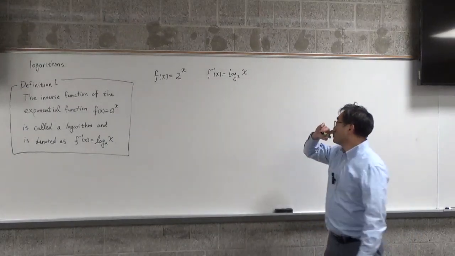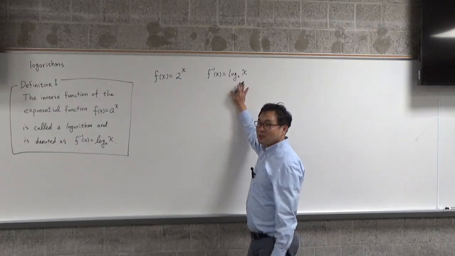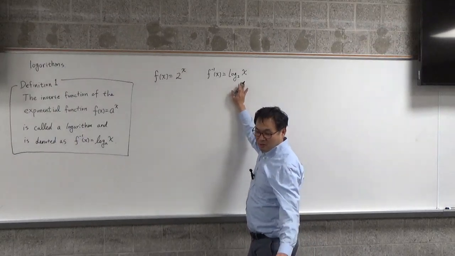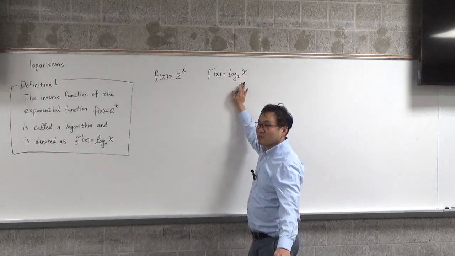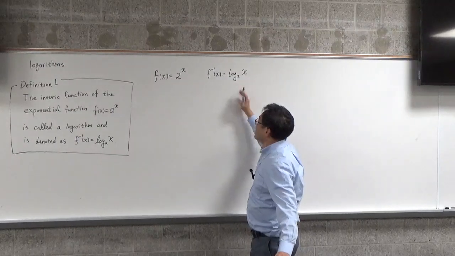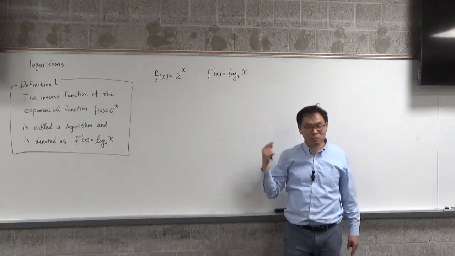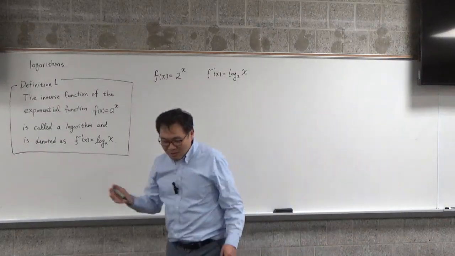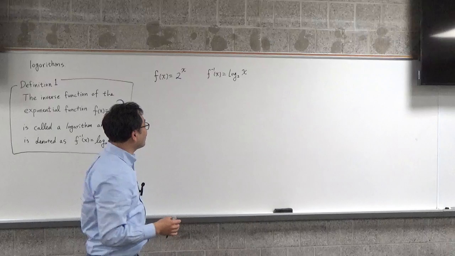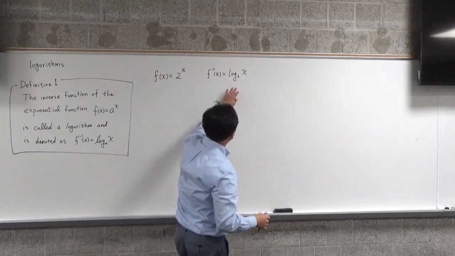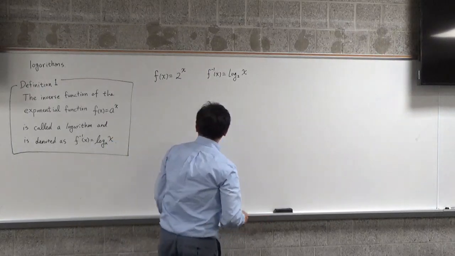So this weird symbolism was invented by John Napier in the 17th century, and it stuck. If you think there's a better way to write down the inverse function, that would be nice, but it's too late to change it. So we're stuck with this notation for the inverse function.